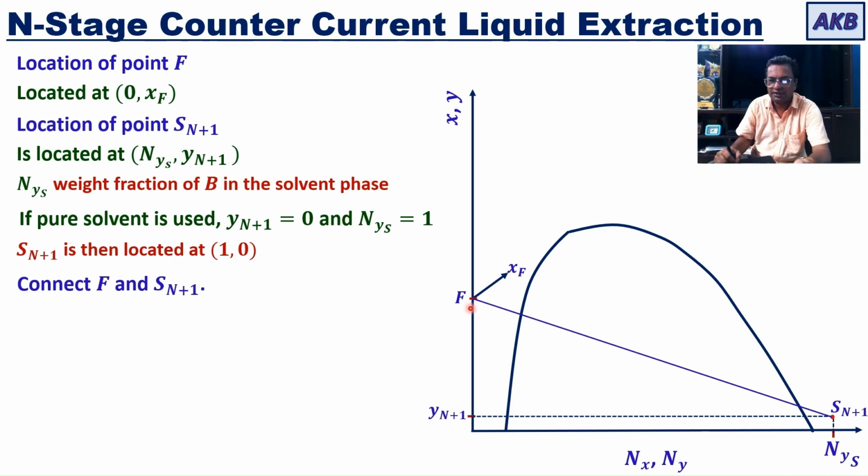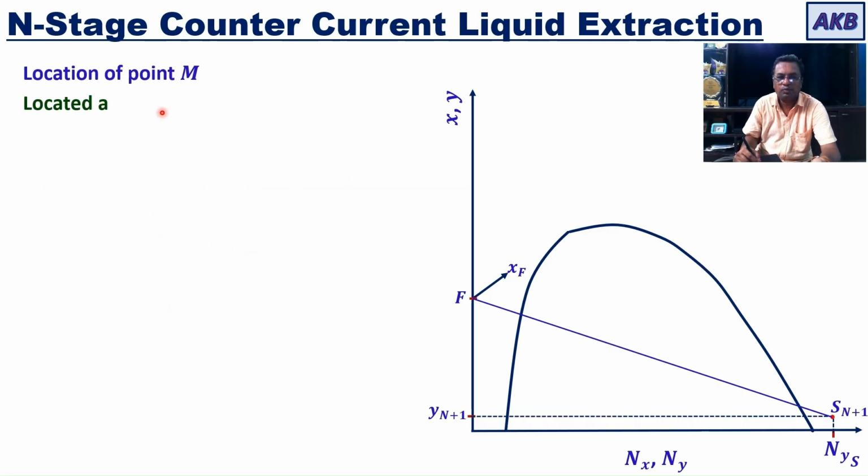After locating point F and then Sn plus 1, we have to connect the 2 points, which we will be using in our calculations. Okay, now let us move ahead.